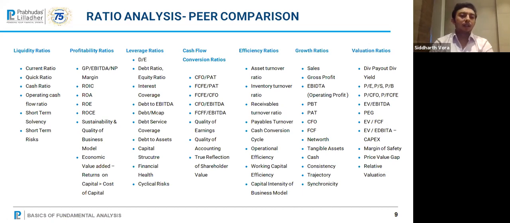Any company with return on capital less than 10 usually doesn't justify the equity risk premium, doesn't justify the cost of capital. Therefore, you can use this as a simple metric to filter companies out, which is ROE and ROCE greater than 10. This will not solve your stock picking problem. This will just help you eliminate a lot of companies. Other than this, from this slide, I think I've covered most of the concepts before.